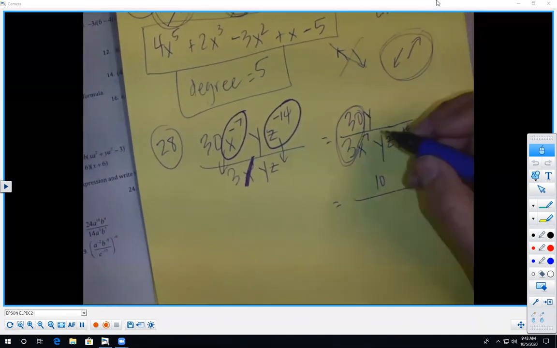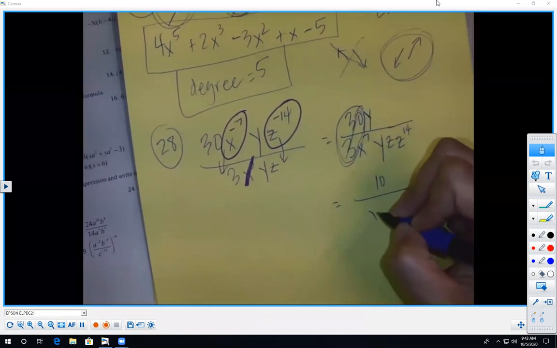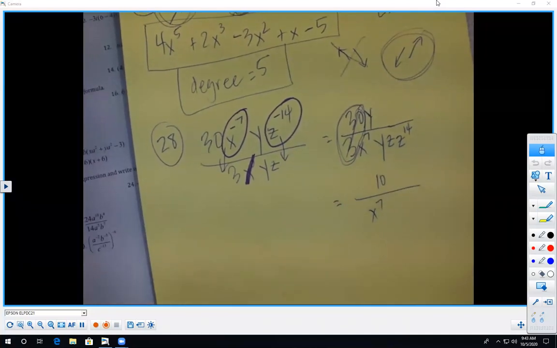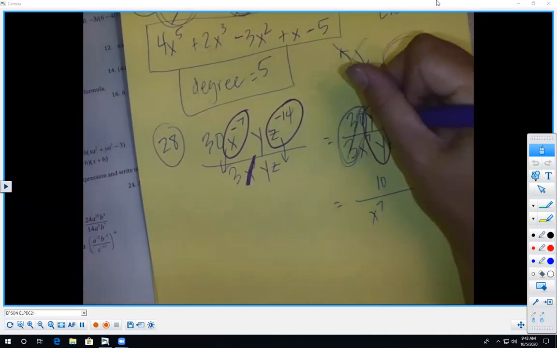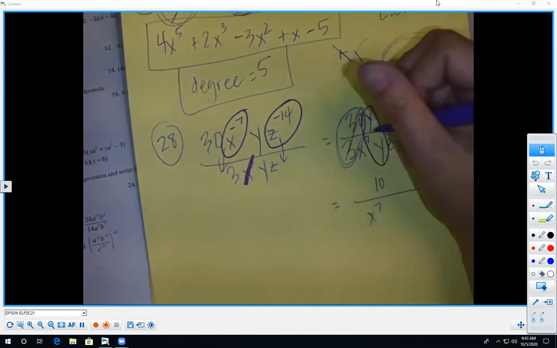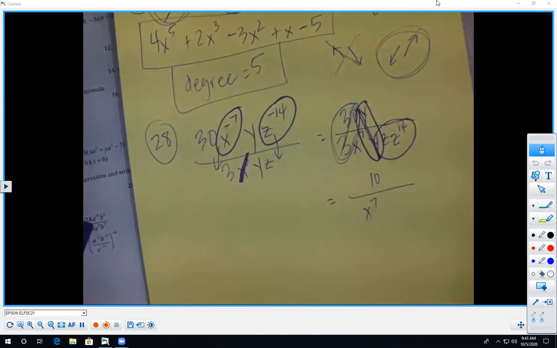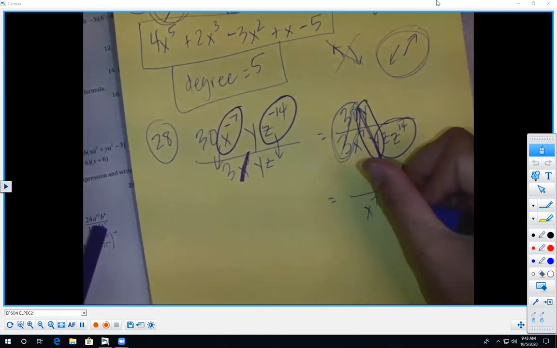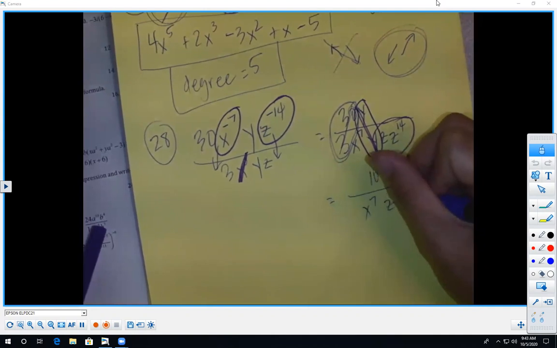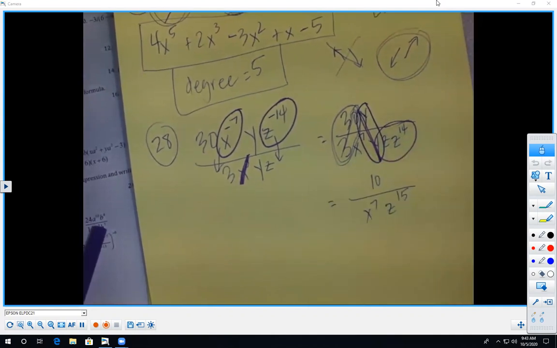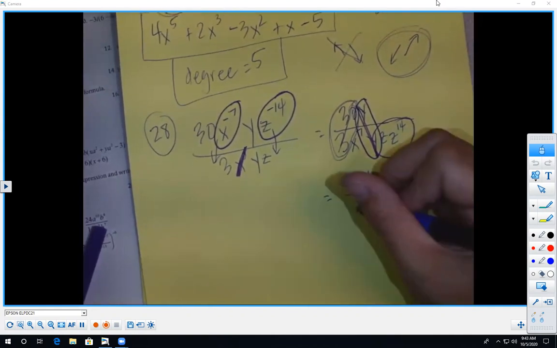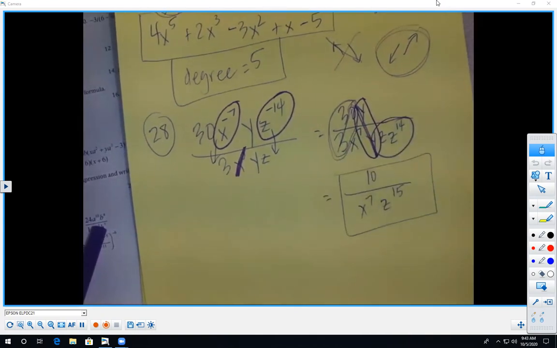On bottom, I have the x to the 7th. I can't do anything with that. What about the y on top and the y on bottom? They cancel out. And what about the z and z to the 14th? You can add them together and you get z to the 15th power, because 1 plus 14 is 15. And that's your answer.